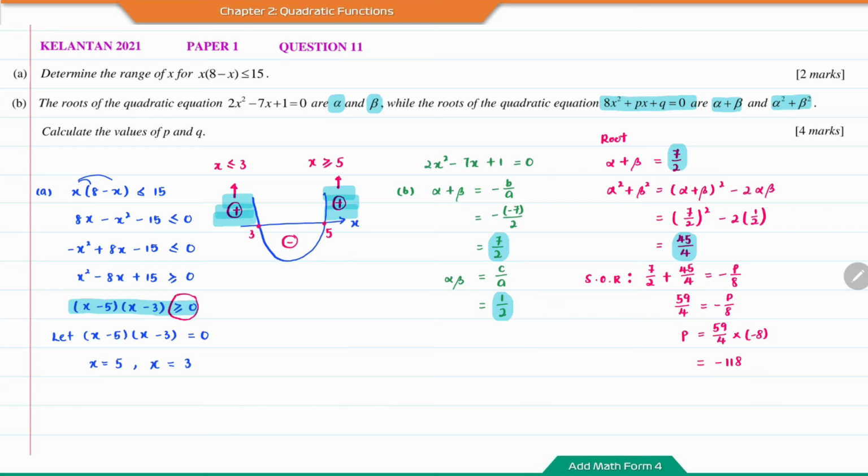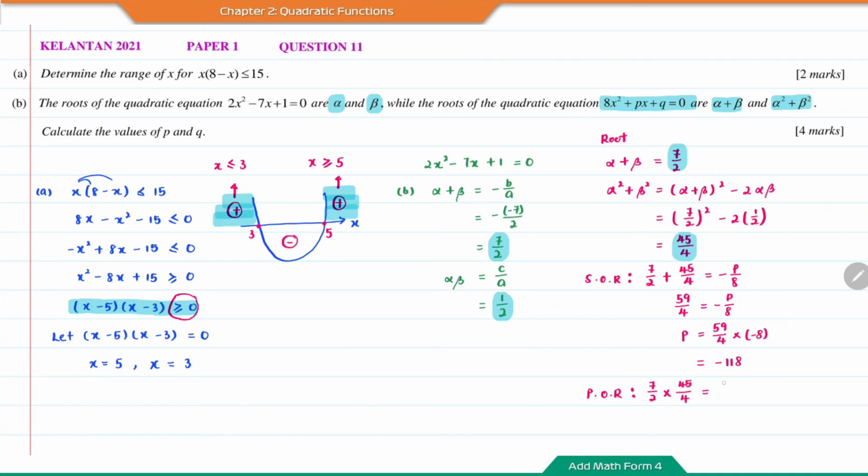So next, we're going to use the product of roots. The product of roots will be 7 over 2 multiplied by 45 over 4. This will equal c over a.